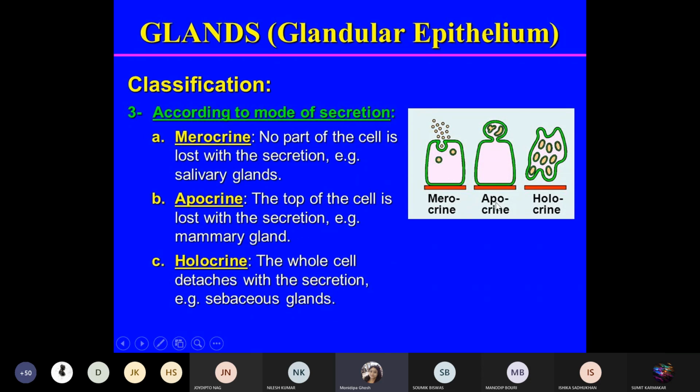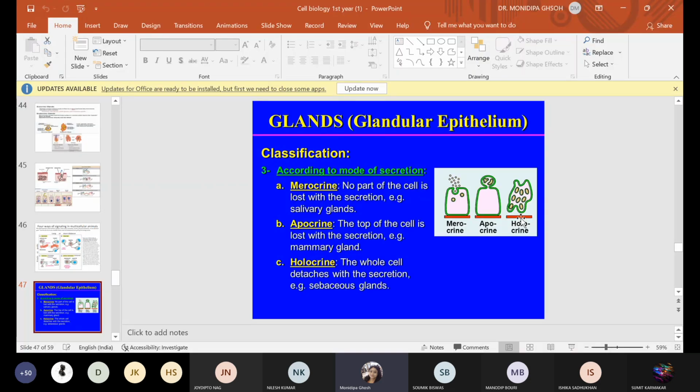And in the holocrine glands, the whole cell detaches with the secretion, that is the sebaceous glands. So the variety of the glands are different and their mode of action is also different.